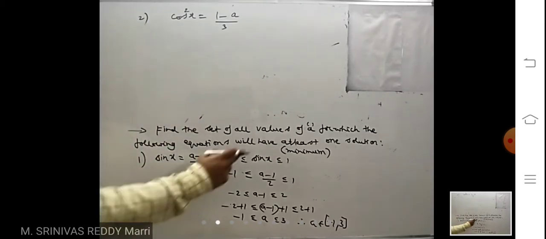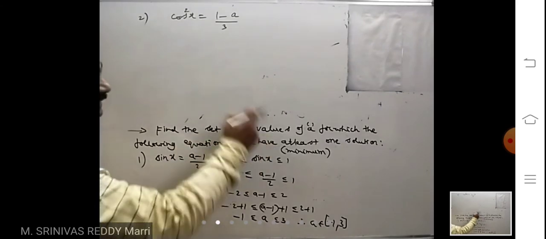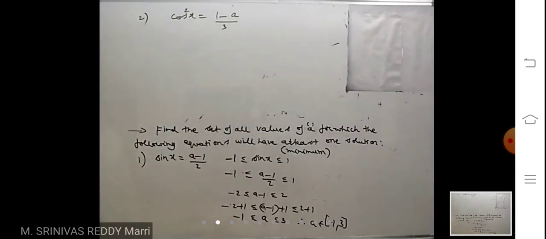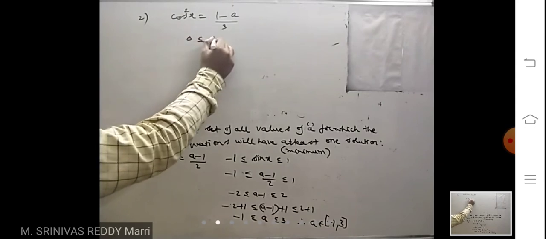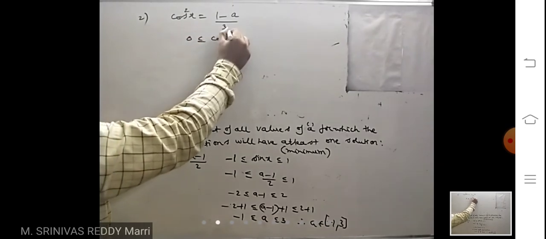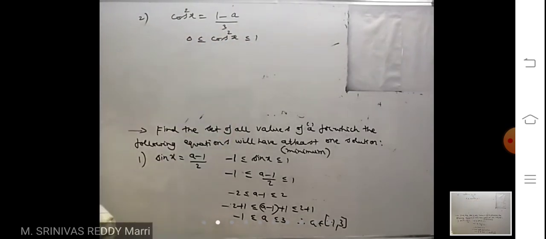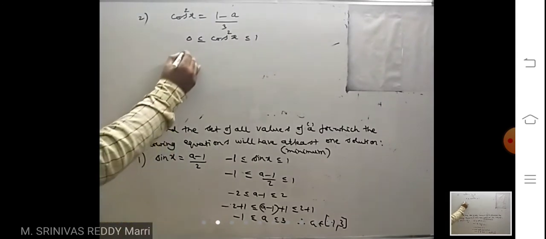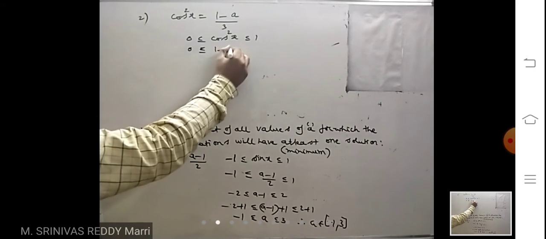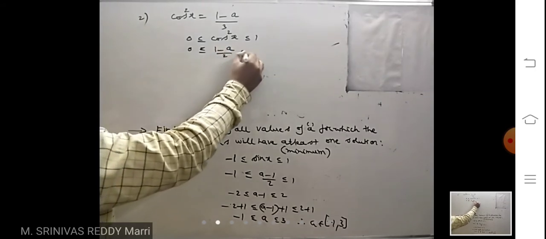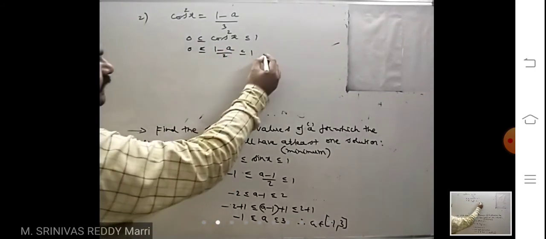You have to find the values of a for which this equation will have a solution. That means cos square x, you know, always must lie between 0 and 1. In place of cos square x, you substitute 1 minus a by 2. So multiply by 2.